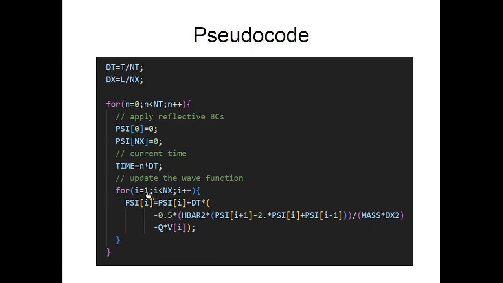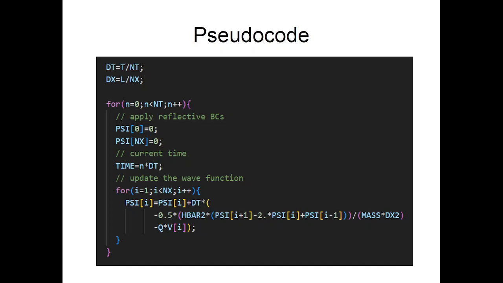Every time we update the wave function psi on the ith cell of the spatial grid by applying this formula, which essentially represents the Euler method.